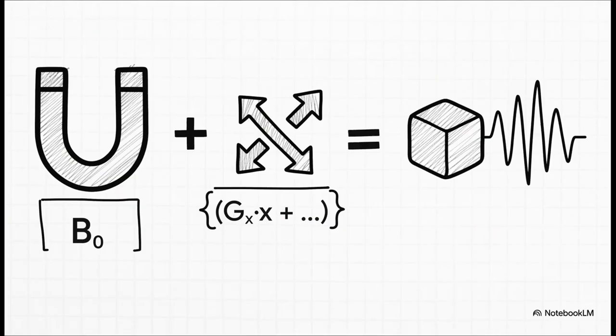All it's telling us is that the total magnetic field, B, at any point, is just the powerful main field, B0, plus the small additional field from the gradients at that specific location. And this brilliantly illustrates the key. This simple addition creates a permanent linear link between a physical location, its X, Y, and Z coordinates, and the signal frequency it will produce. We've turned a hard geometry problem into a much easier signal analysis problem.